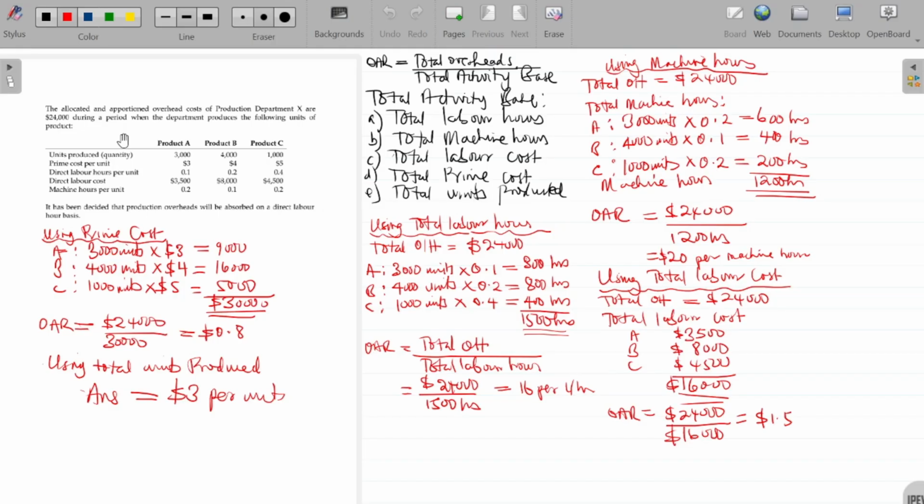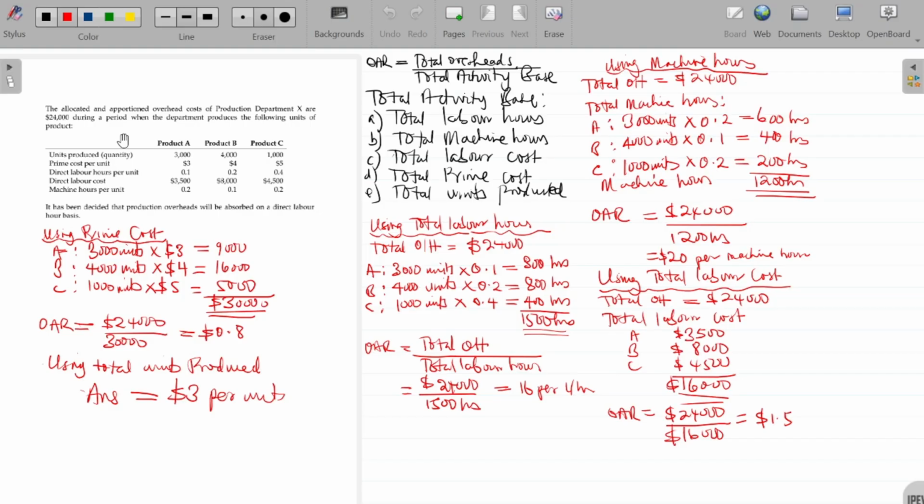Now, the same approach is what we are going to use because the total overhead given in the question is 24,000, right? But the question states that the machine hours per unit is 0.2 for A, 0.1 for B, and 0.2 for C. What are the associated units produced? For A is 3,000, for B is 4,000, and for C is 1,000.